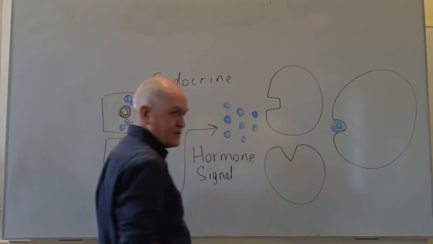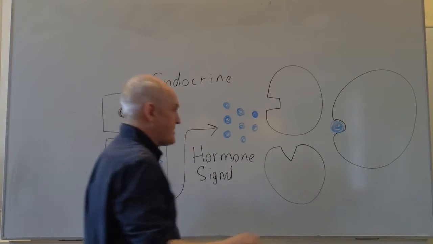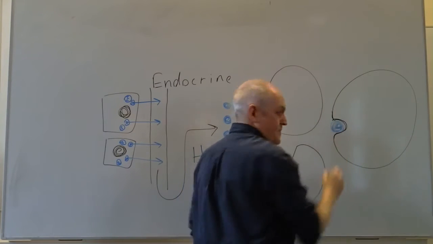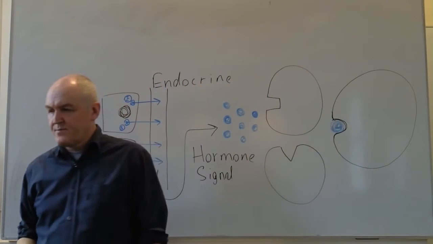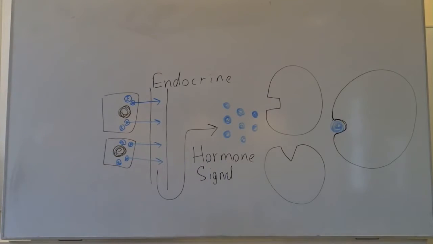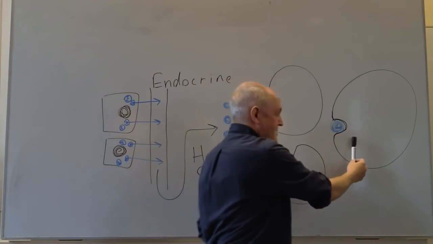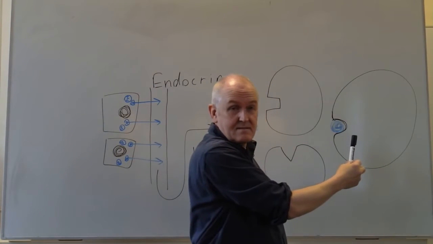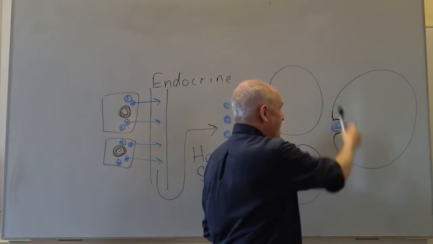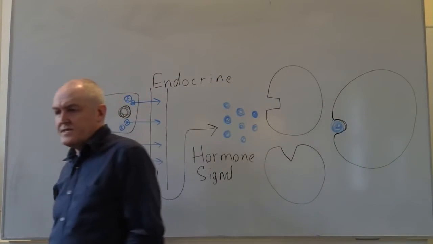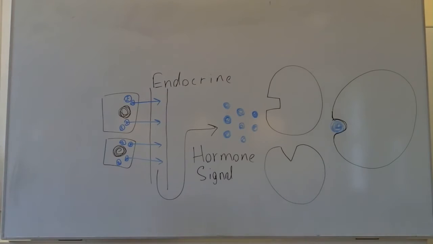It's a signal molecule that fits into a particular receptor, a receptor protein. That makes this cell the target cell. And this cell will be part of the target tissue that the endocrine hormone is aiming to influence.